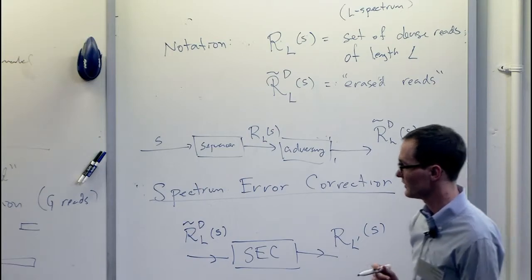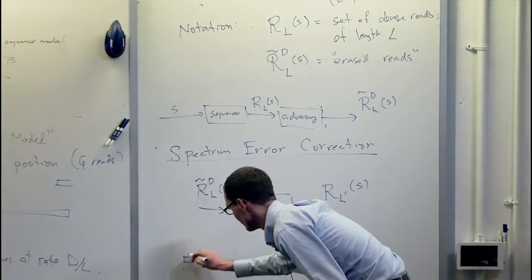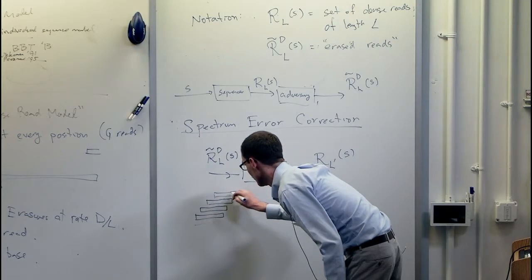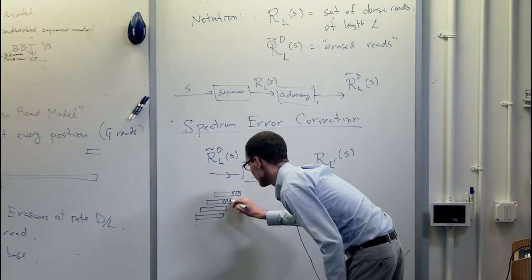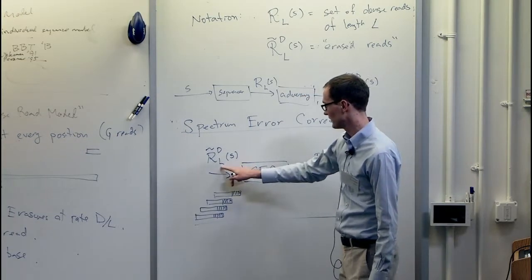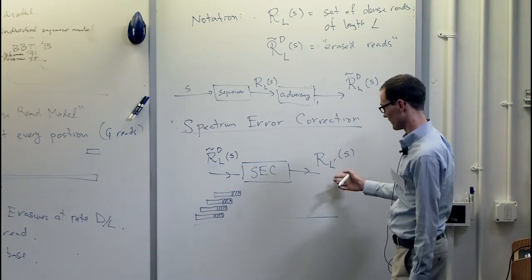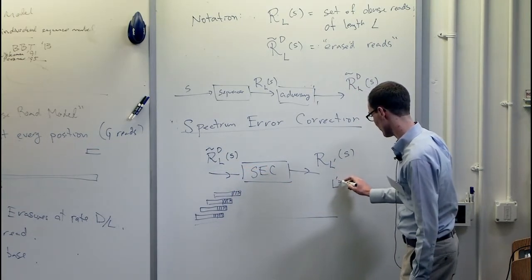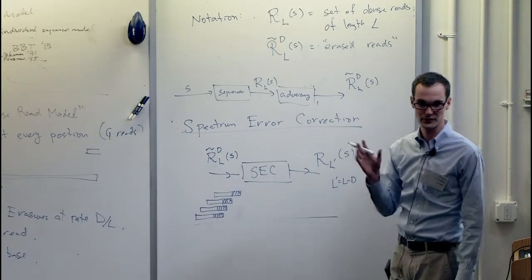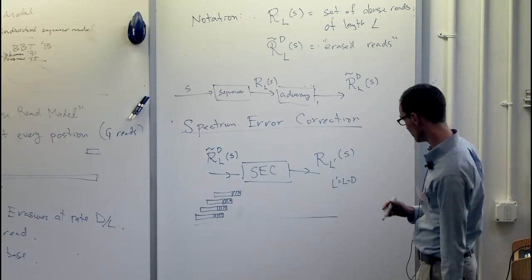So if you can imagine, if my adversary is very lazy, right, and basically they take all the reads, and they always just delete the last D positions of them, then what I can do is I can take this corrupted spectrum, right, and I can produce an uncorrupted spectrum where L prime equals L minus D, for instance, because the last D are just erased, right? But that's only if I have a very lazy adversary.